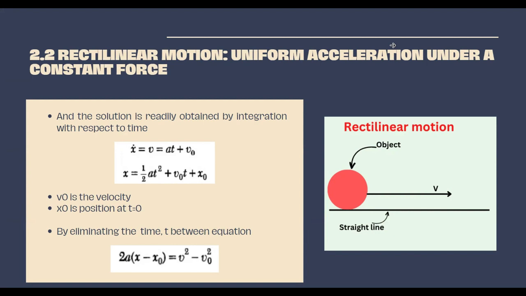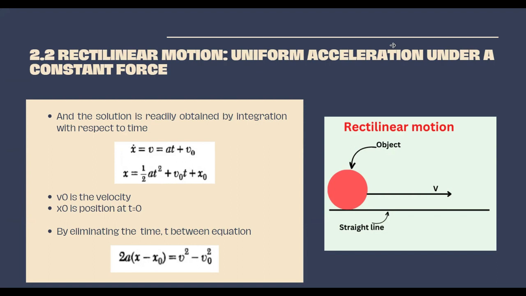We integrate the equation with respect to time, and we get these two equations, which are ẋ equal to v equal to at plus v naught, and x equal to 1 over 2 at squared plus v naught t plus x naught. v naught is the velocity, and x naught is the position at t equal to 0.